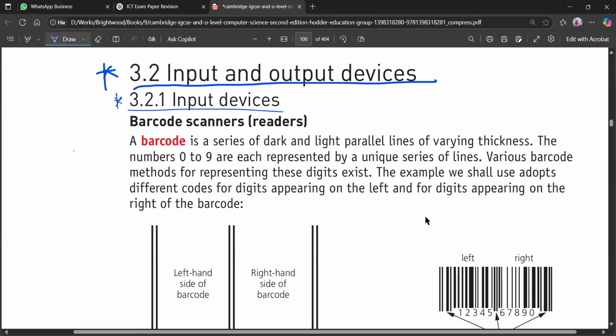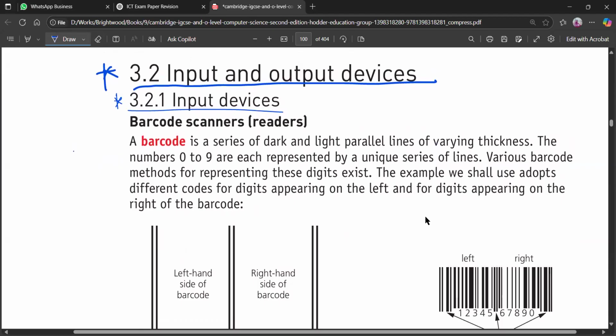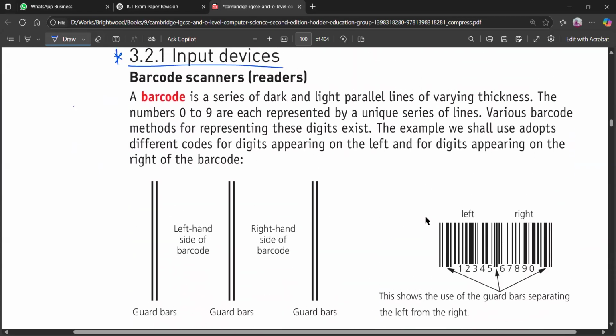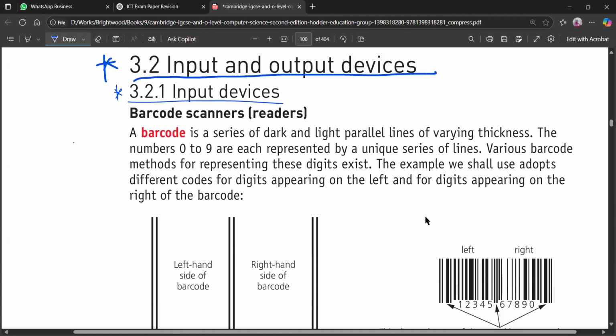Firstly, we will write this: input and output devices.